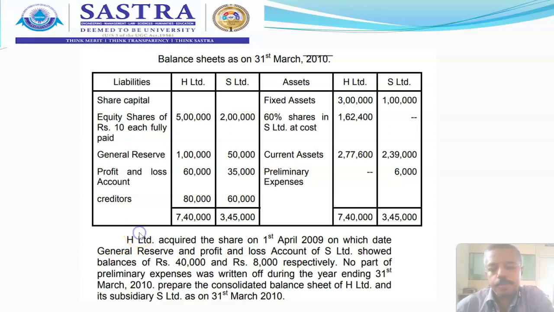Now, altogether we have goodwill calculated to the sum of rupees 17,200 and minority interest that we have calculated, rupees 1,11,600. So now we will be preparing the consolidated balance sheet of H Limited and its subsidiary S Limited as on 31st March 2010.